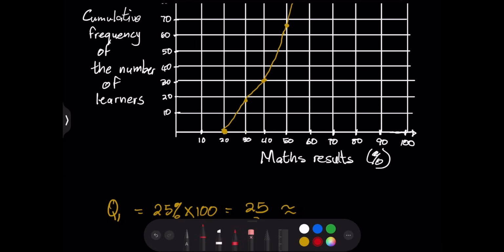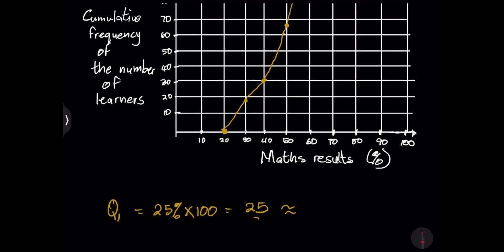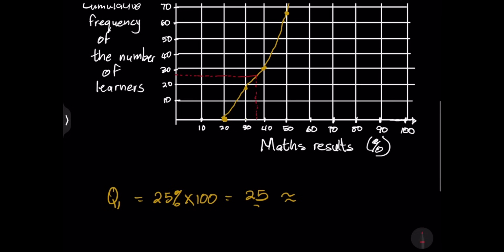Let me just change color so that we can see it. So what value corresponds to 25 in this case? I would say 35. So my quartile 1 is actually 35% in terms of the maths results.